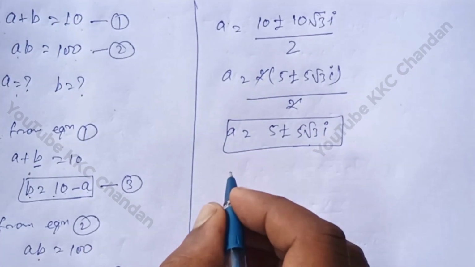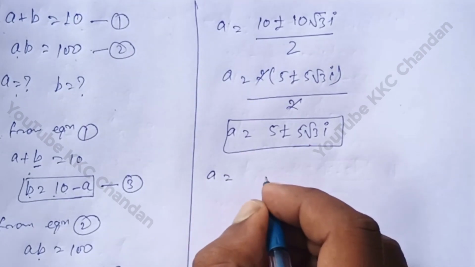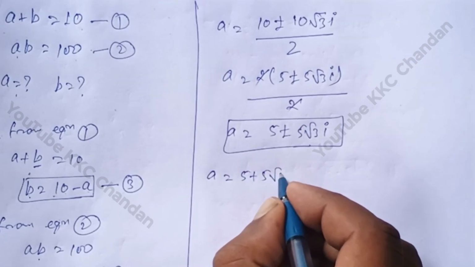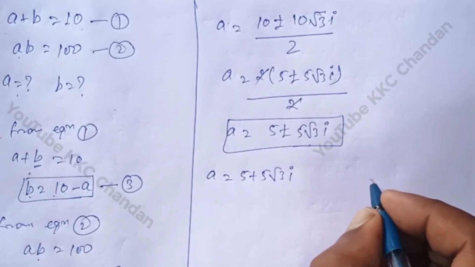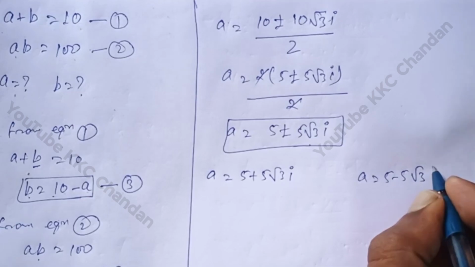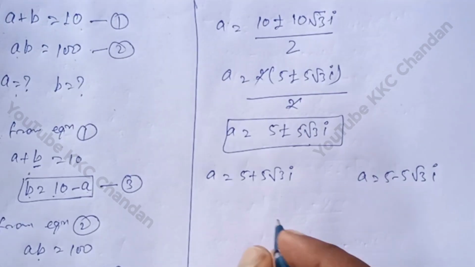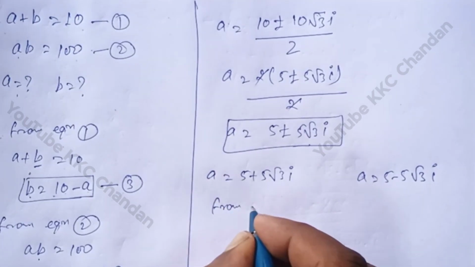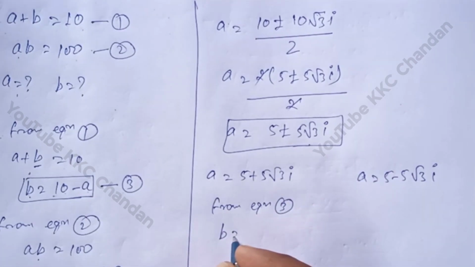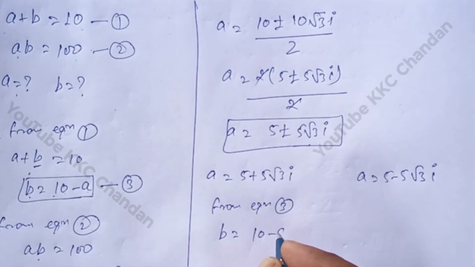After the next step, see here, a is equal to 5 plus 5 root 3 i. Second, a is equal to 5 minus 5 root 3 i. From equation number 3, it is telling that b is equal to 10 minus a.